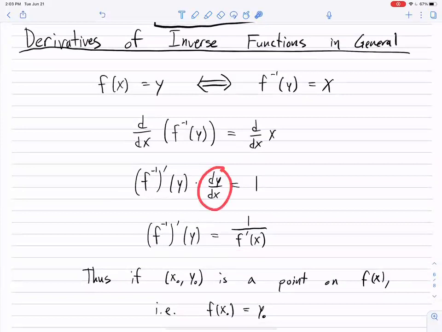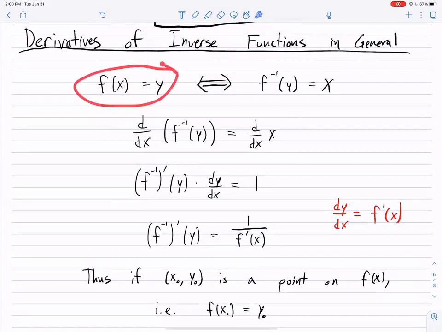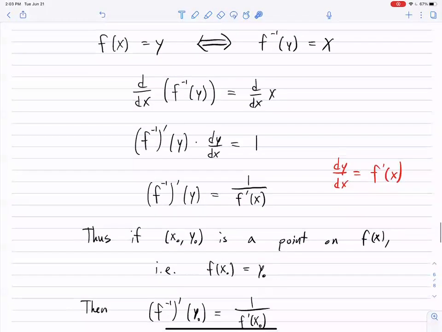Because this dy dx is f prime of x, remember? That's from this step right here, taking the derivative with respect to x on both sides. dy dx is just another way to say f prime of x. And so it's 1 over f prime of x.